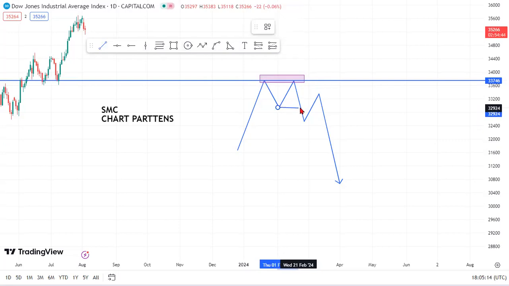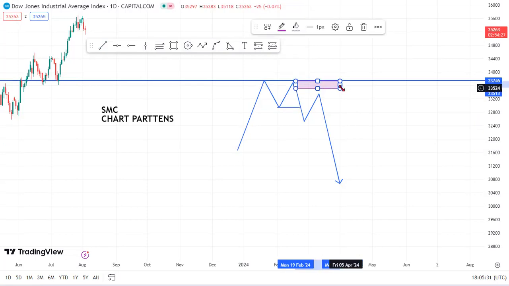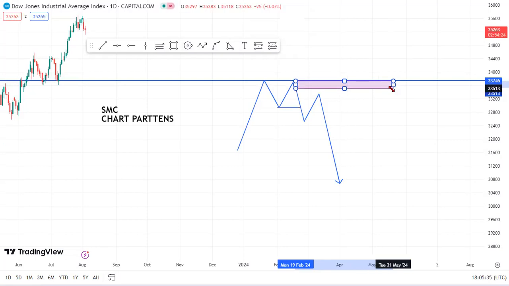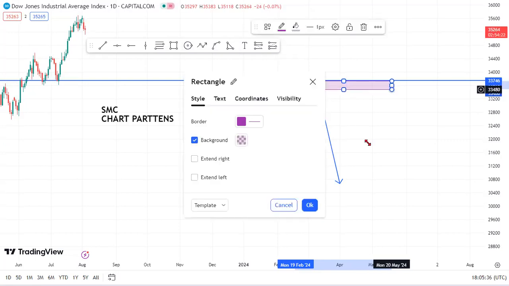You look for the candle that broke this low, right? So that candle would become your supply zone.